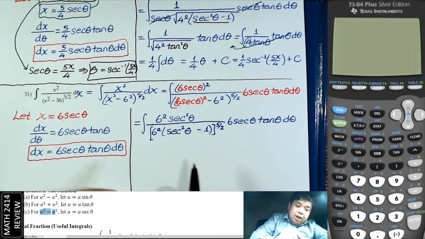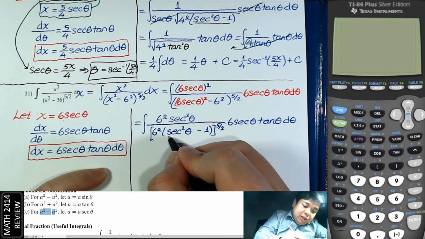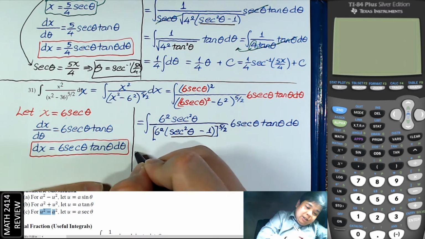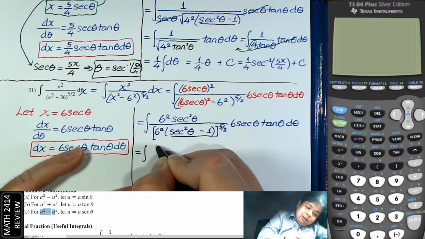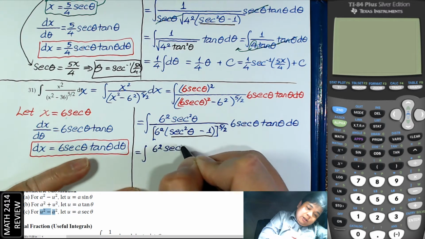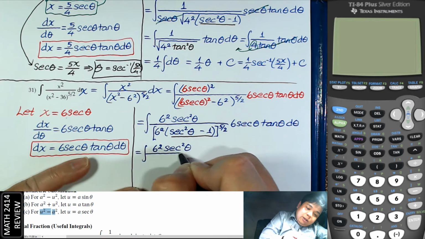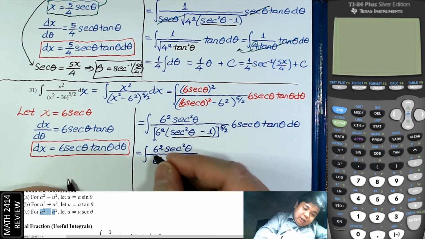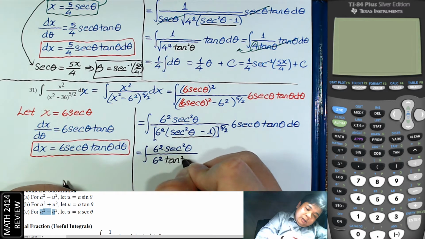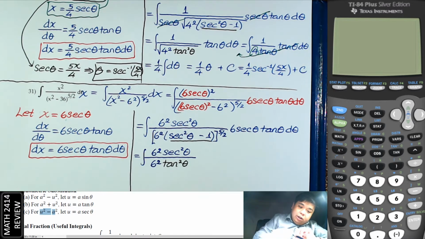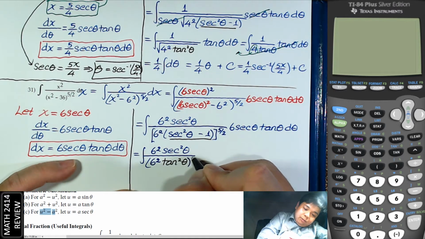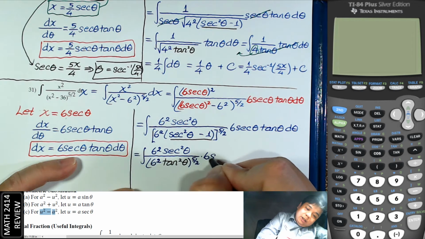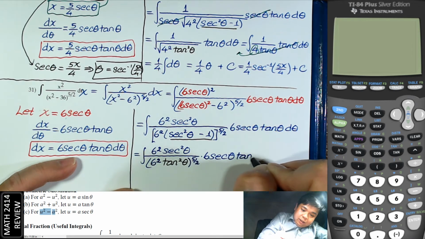Right. Secant squared minus 1, that is tangent squared, tangent squared to the 5/2. There will be 6 secant tangent d theta.